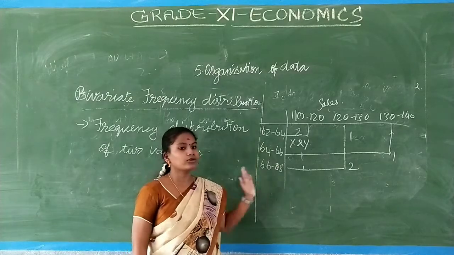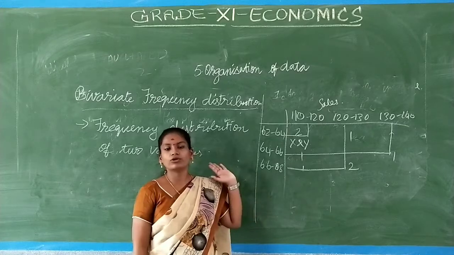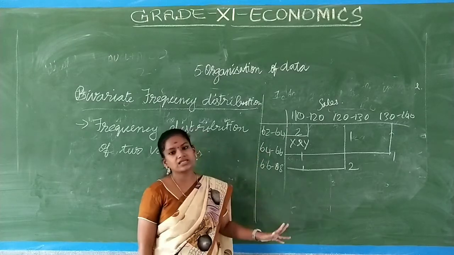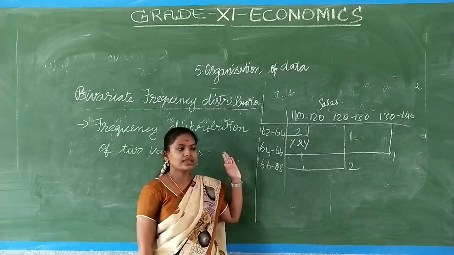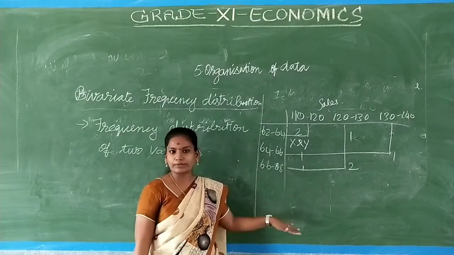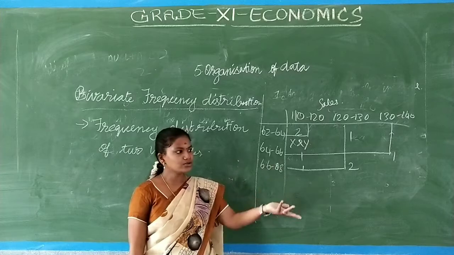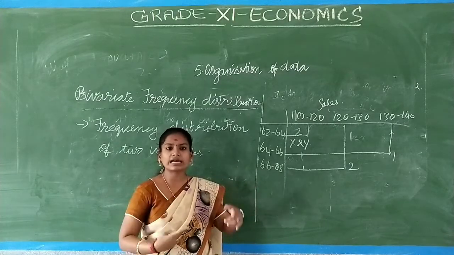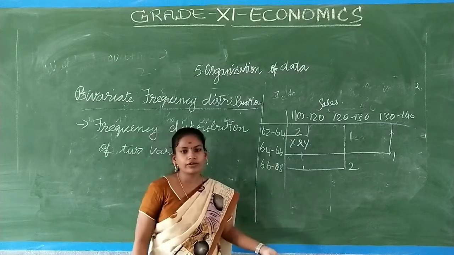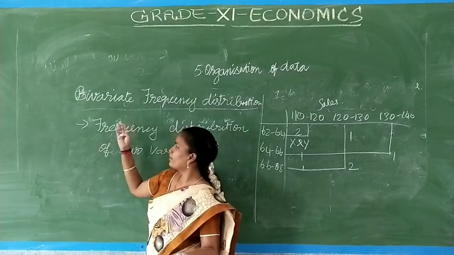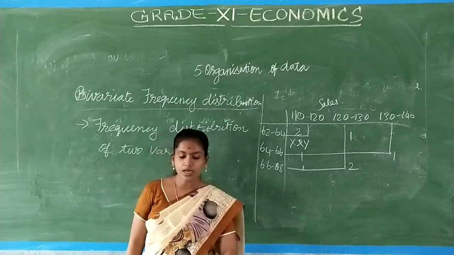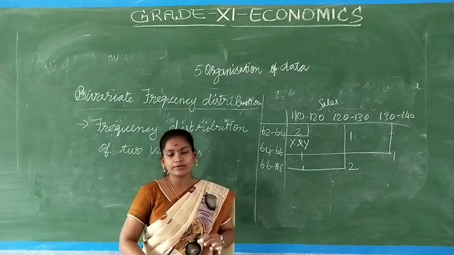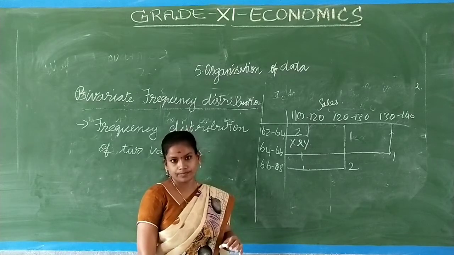When you are using the same sample and discussing two different elements, advertising is one element and sales is another element. When you study income and expenditure, two different elements, how much you earn and how much you spend, you can study them in a common frequency distribution table, which is called the bivariate frequency distribution. This will be dealt with in depth in chapter 8, which is going to be correlation.